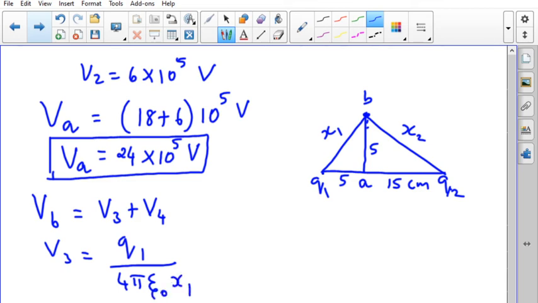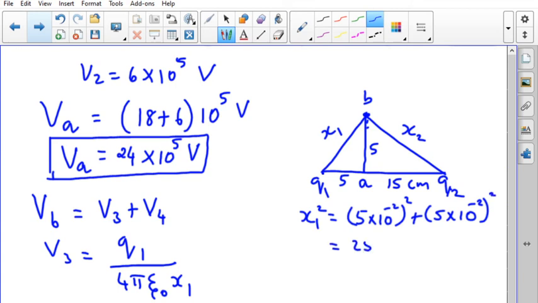So how will you calculate this x1 and x2? You can use the Pythagoras theorem. x1 squared is equal to 5 centimeter square plus 5 centimeter square. 5 into 10 power minus 2 the whole square plus 5 into 10 power minus 2 the whole square is equal to 25 plus 25 into 10 power minus 4, or 50 into 10 power minus 4.